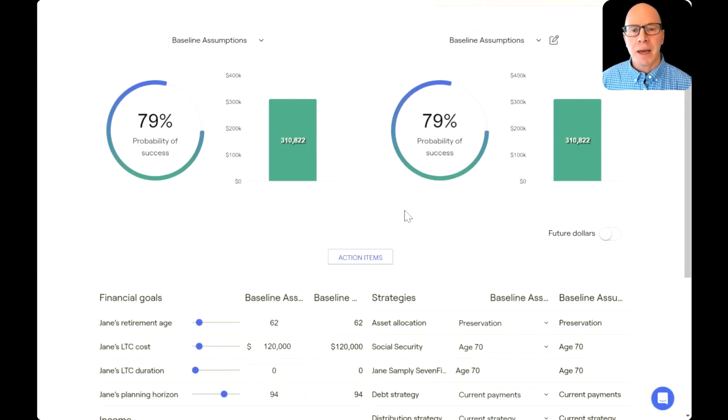But if you think about it, if you have 100% odds of success, that means it's effectively 100% odds that you are not spending as much as you could have, or that you worked a little longer than you needed to. So aiming for something too high can be problematic. Now, it might be the right thing to do if you just want to protect against every type of bad luck, or if you're completely incapable of making any adjustments.